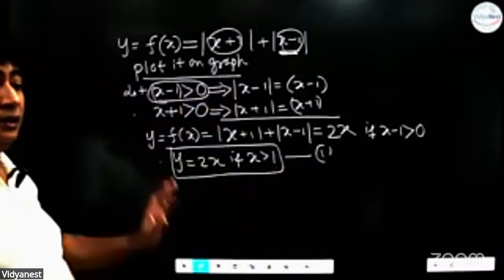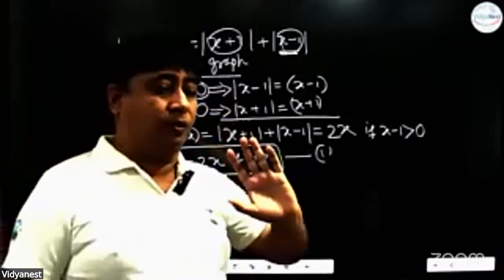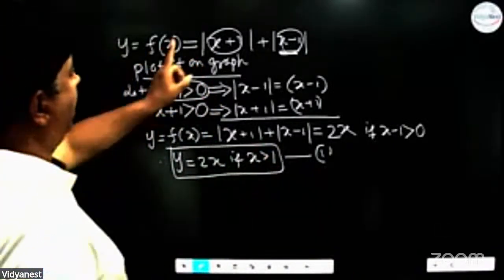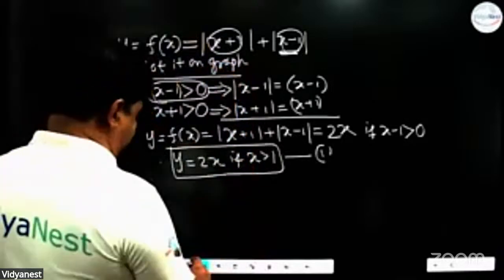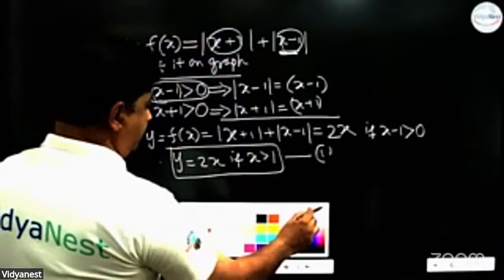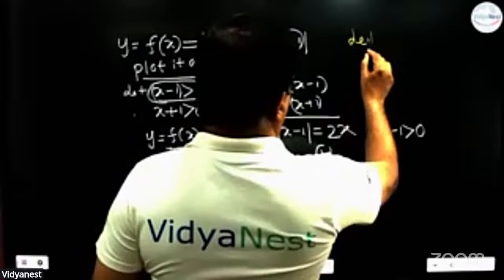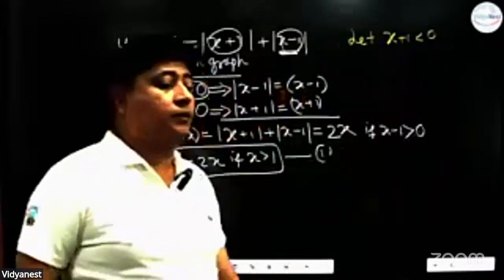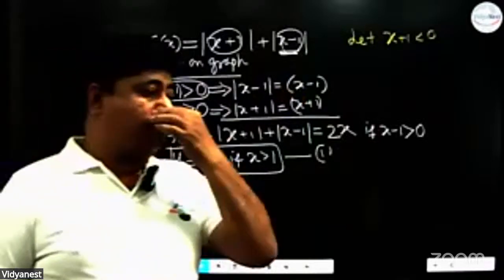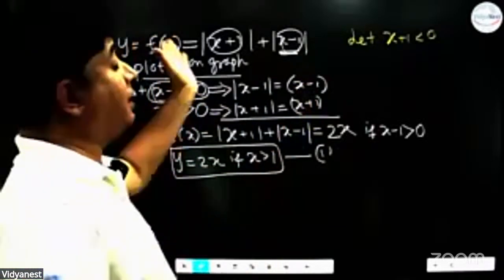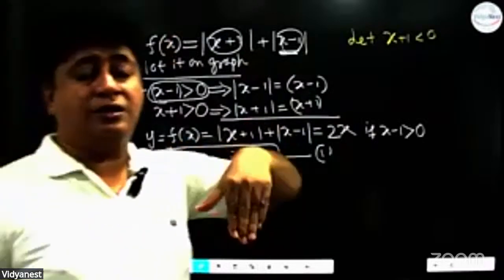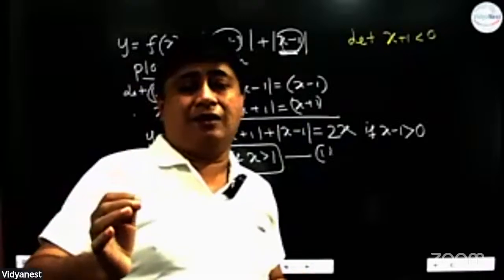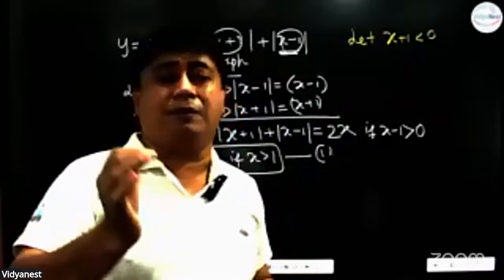But the job is not yet over. You observe, now I will choose the bigger number as negative. Let x plus 1 is negative. Okay? x plus 1 negative means bigger number negative. Suppose in a classroom, the first boy could not get the pass mark.